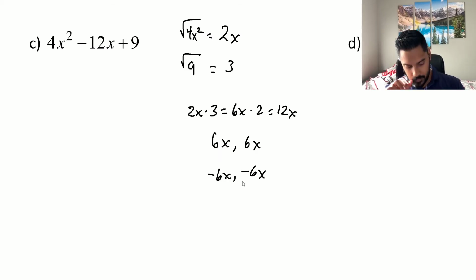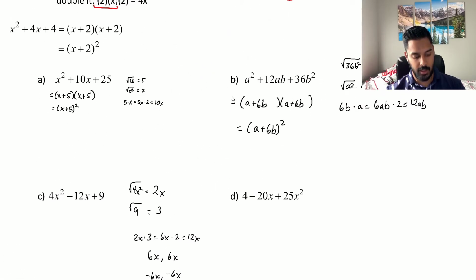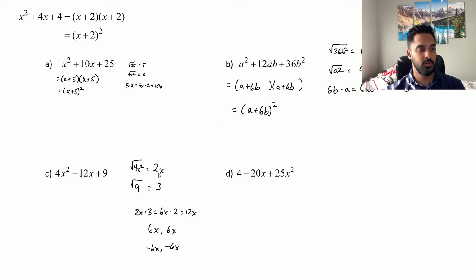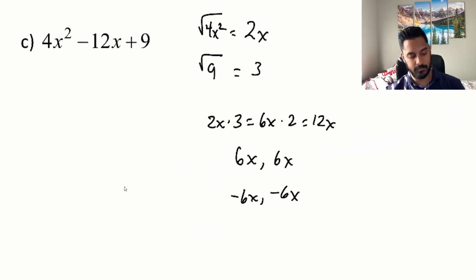Now, it makes it a little bit tricky to actually do this with my 4 being there. So if I just take a step back and actually think about what will happen. Right, I had a 2x because of the square root of this one. All the other ones were just x's or a squared. So if I actually go to factor this one out, now it just won't be an x in the front.